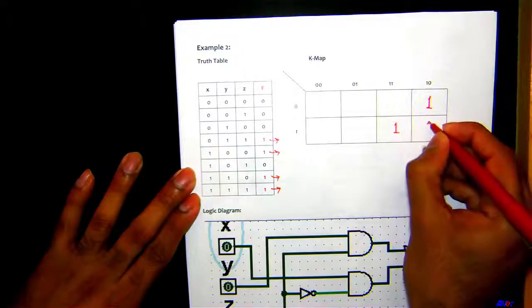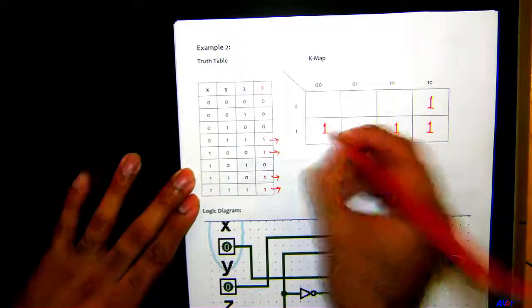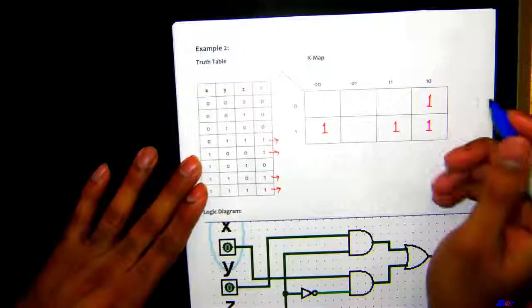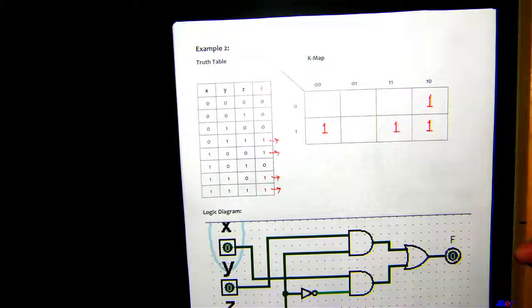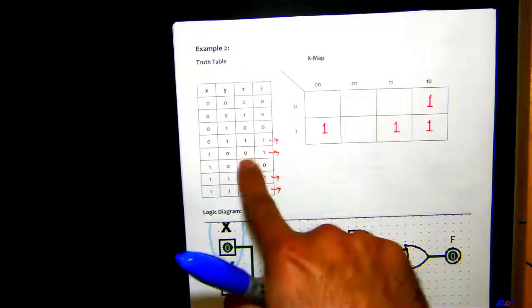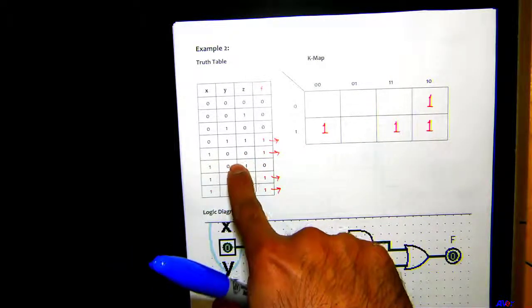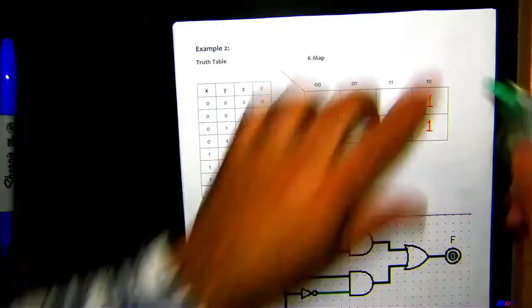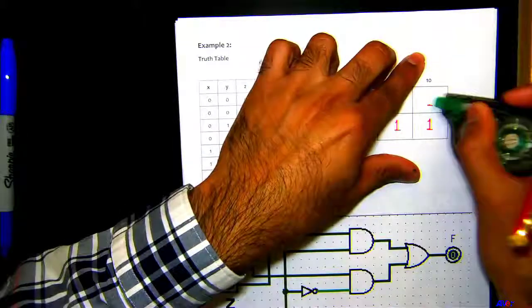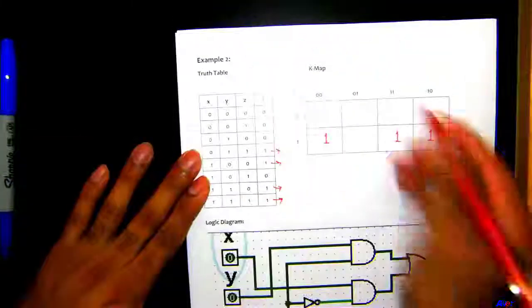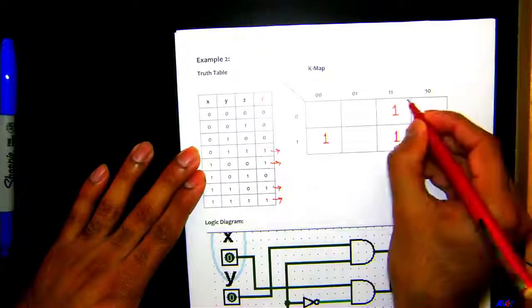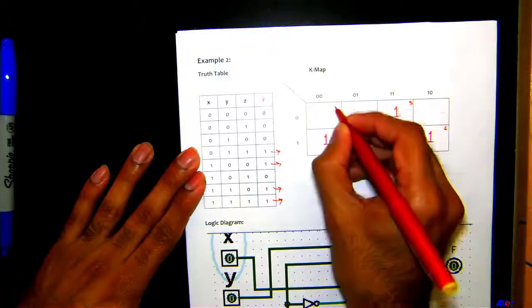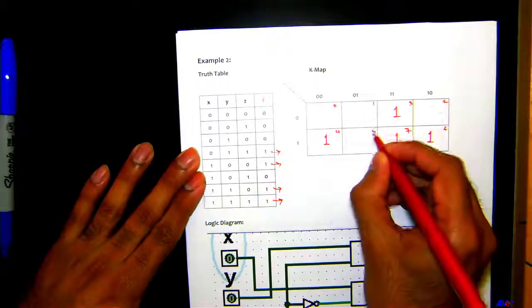So 3 would be here, right? 3 is here, 4 is here, 6 is here, and 7 is here.